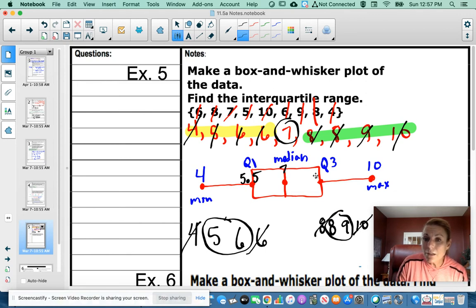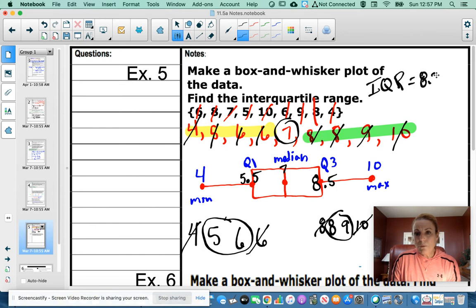So the median is going to be the average, which is 8.5. And the interquartile range is going to be 8.5 minus 5.5, which is equal to 3. So these are all of the 5 numbers on a box and whisker plot.